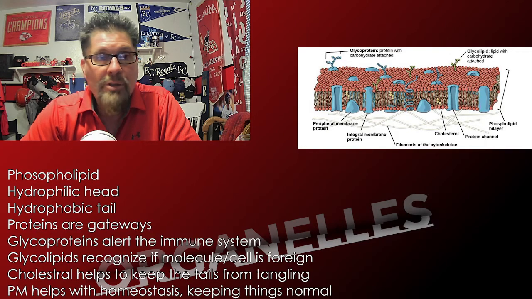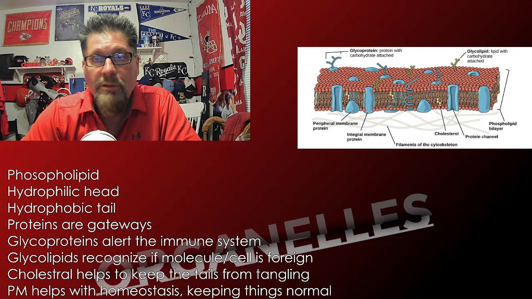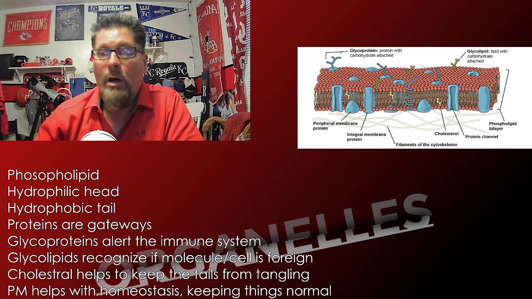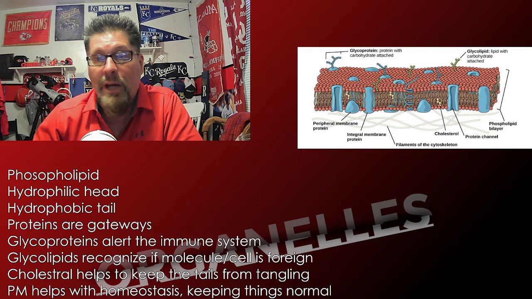You set it to a certain temperature. If you've got the AC on, when it gets too warm, the AC fires up. If you've got the heat on, when it gets too cold, the heat fires up to keep that in a certain range. Your cells do that, and the plasma membrane helps with that by allowing things in as they're needed. But when they're not needed, when we have too much, we shut it down.